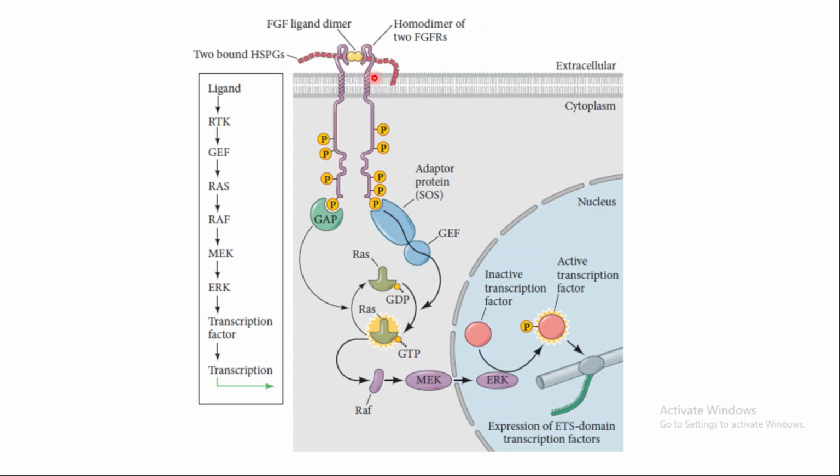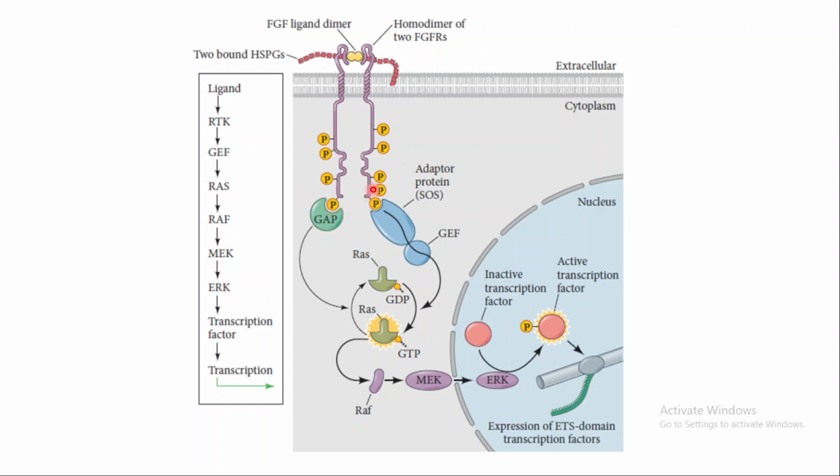When an FGF ligand binds, it homodimerizes the RTKs, which can then autophosphorylate, and then the RAS, RAF, MEK, ERK pathway will follow.